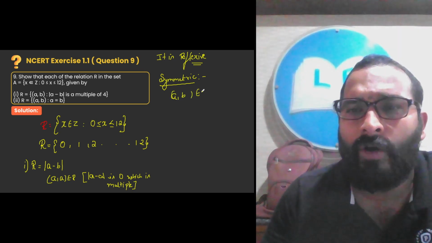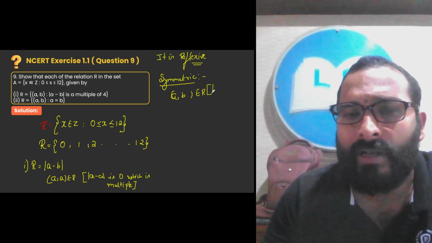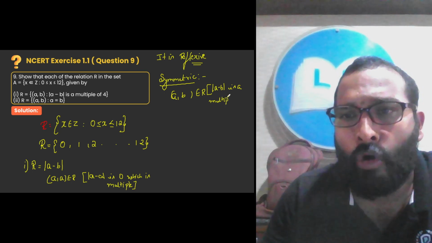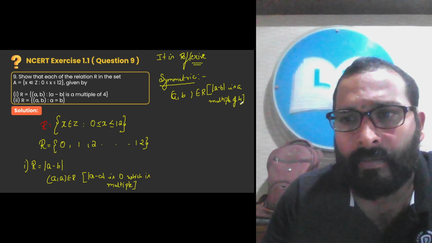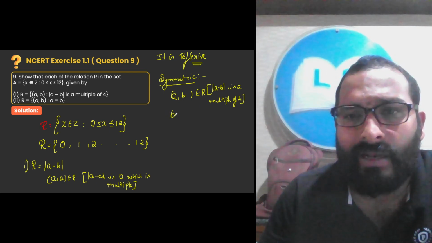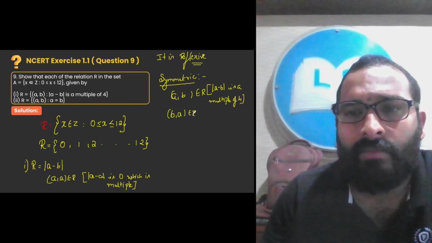If (A, B) belongs to R, that is, if modulus of A minus B is a multiple of 4, then (B, A) should belong to R, because modulus of B minus A also will be a multiple of 4.